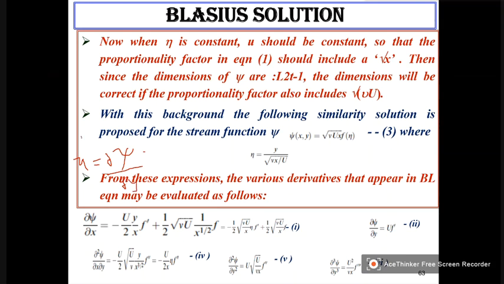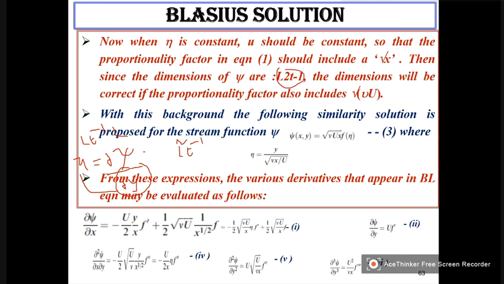So u is LT minus 1, and if I take dou y to the other side, it is L. So L square T minus 1.